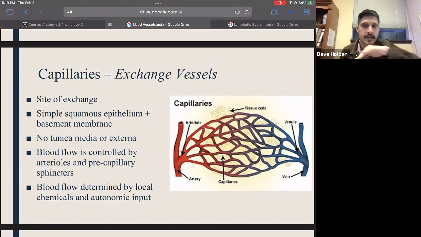The basement membrane is a thin layer of tissue. There is no tunica media or tunica externa. We are talking microscopic level here. In fact, so microscopic that your red blood cells have to pass through capillaries in single file. We can only let these through one cell at a time. Incidentally, red blood cells are the smallest cells that you have.